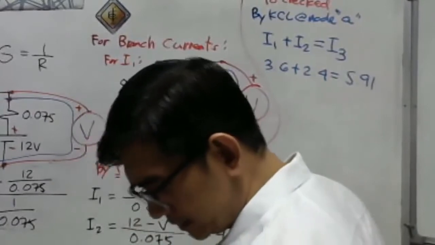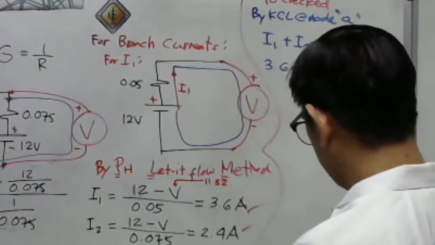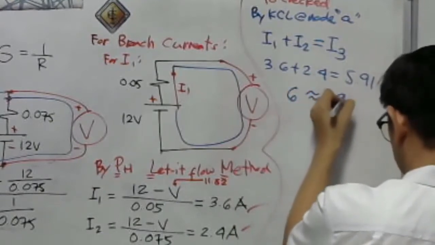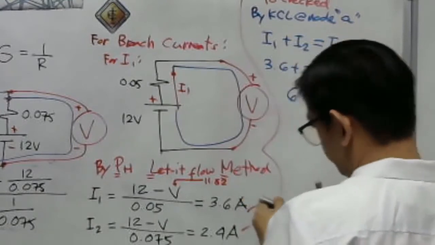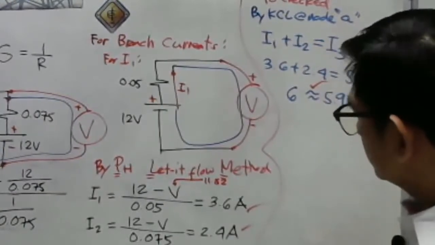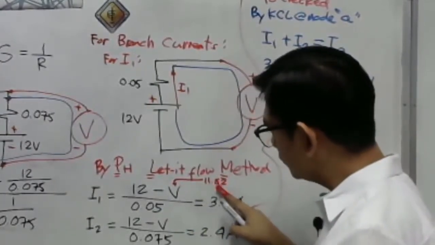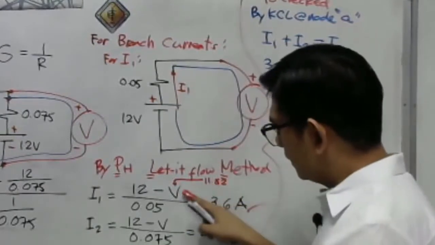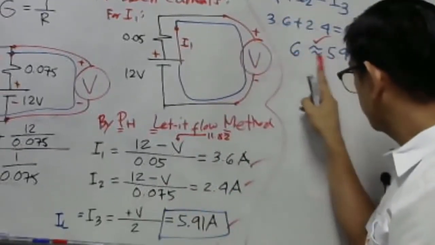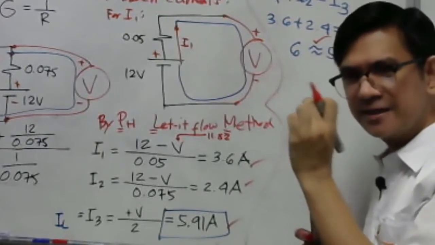Although that is 6, it is almost equal to 5.91. It's just that we have some rounding off of values, so that's correct. If we replace the 11.82 with its fractional form, I can assure that the values will be equal or almost equal, and the difference will be smaller.